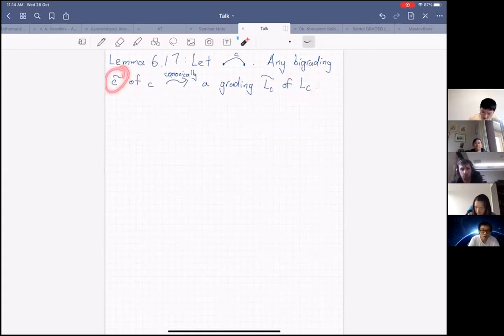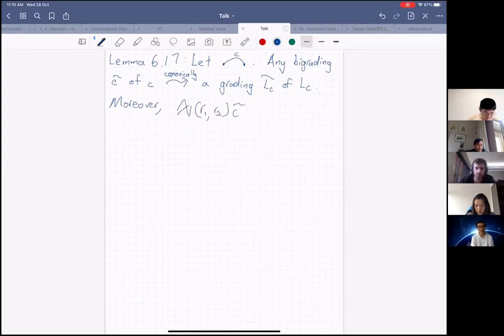From C tilde, which I know how to compute, I can get LC tilde. Moreover, the formula is: if you have this kind of curve, then what I get is just R1 plus N R2 on LC2. We will prove this.